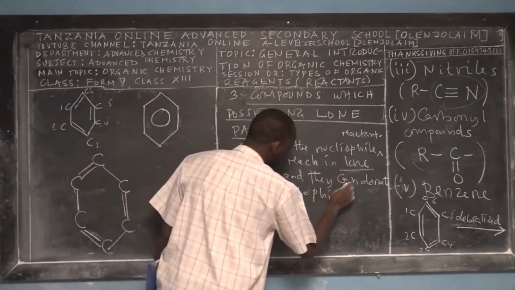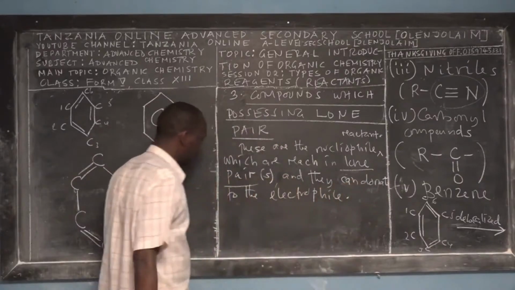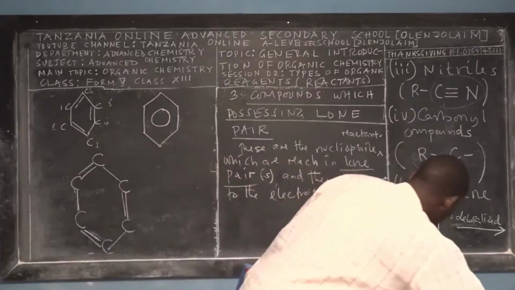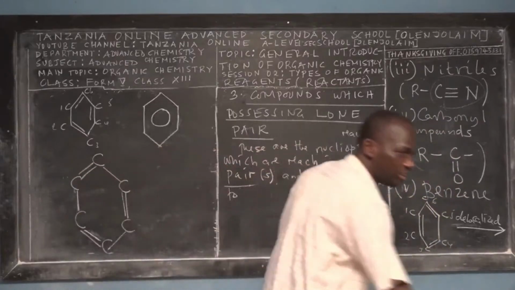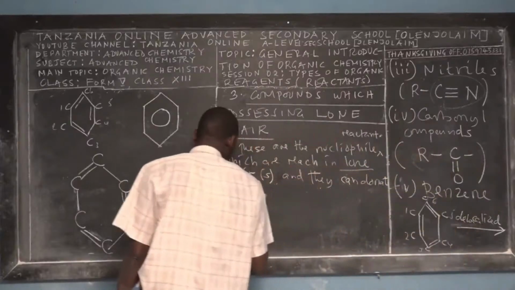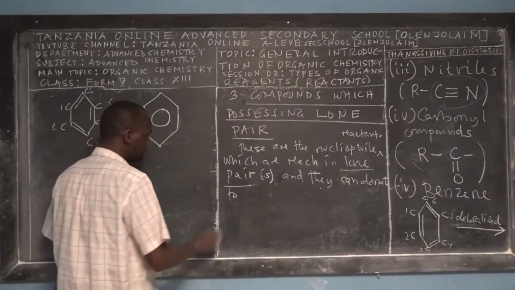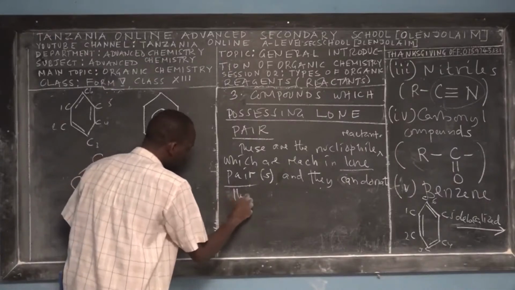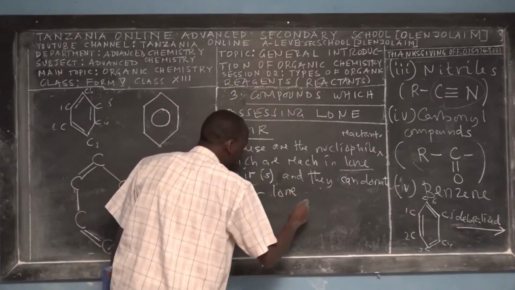They can donate those lone pairs. They can donate what? This is still an incomplete sentence because I know students cannot even think around. They can donate their lone pair, not one electron. Their lone pair.